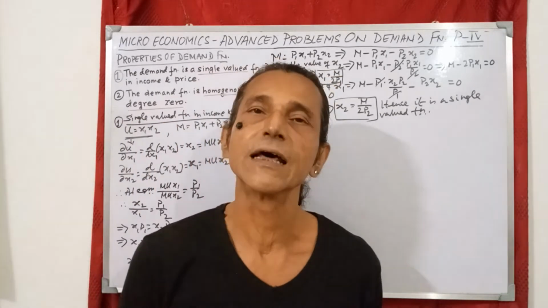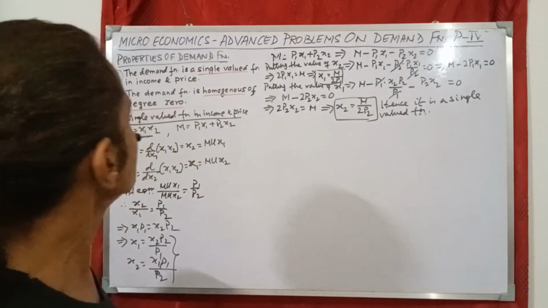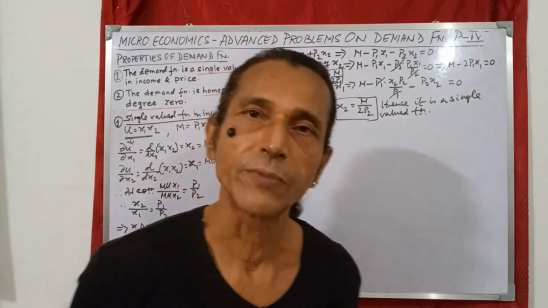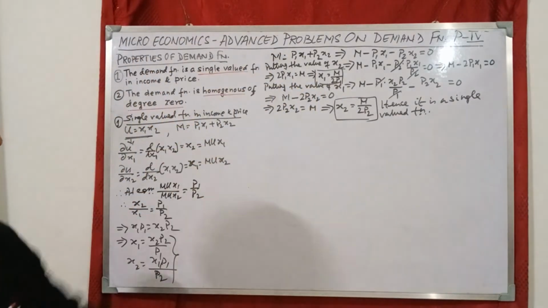That is, there will be a single value of the quantity. This is called single valued function in price and income. So property number 1 is proved.